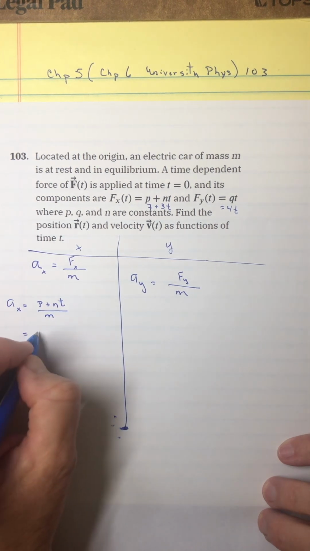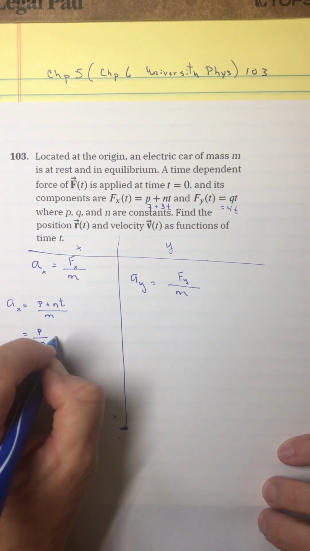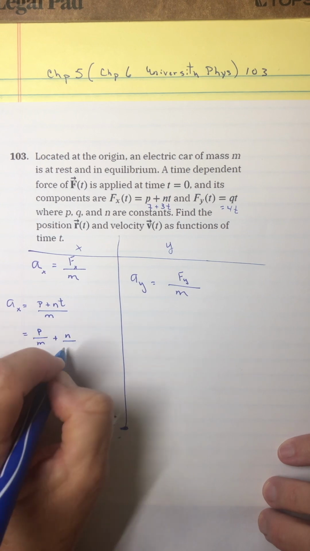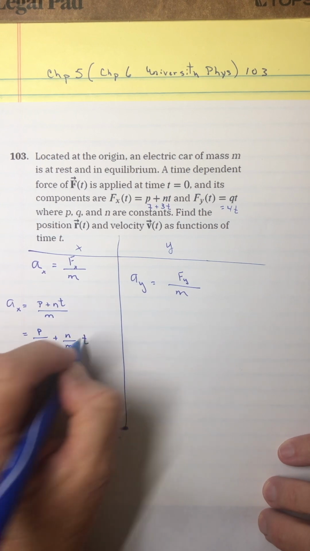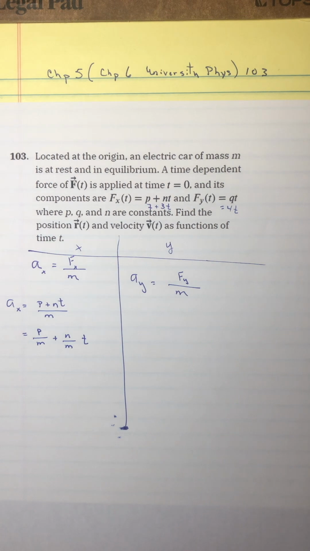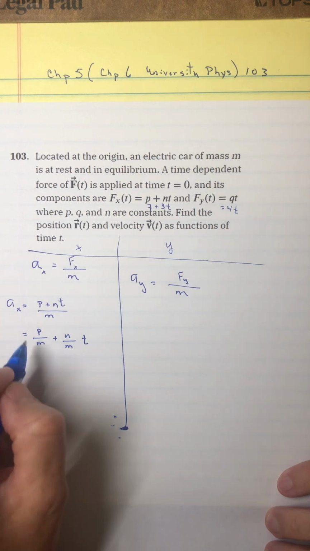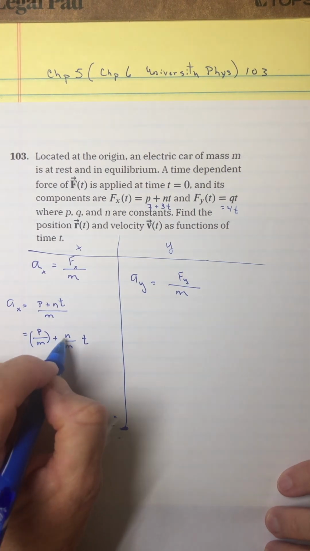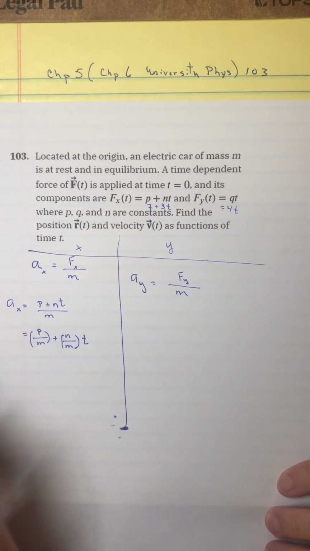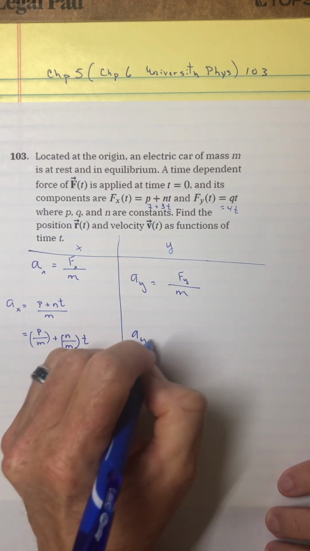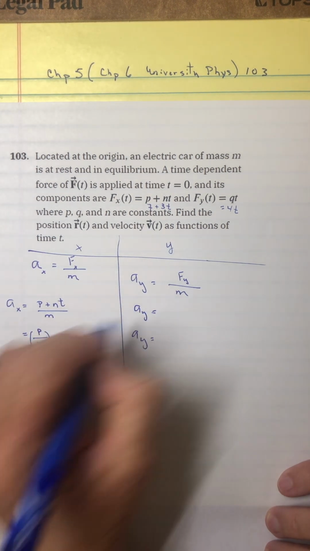I don't know if it's necessary quite yet, but I'll break it down into its two pieces, because m is also just a constant. So this would be just a constant plus some constant multiplied by time, the acceleration in the x direction.